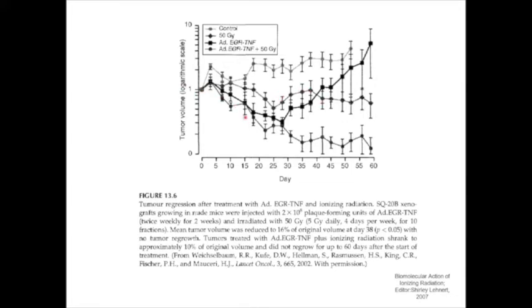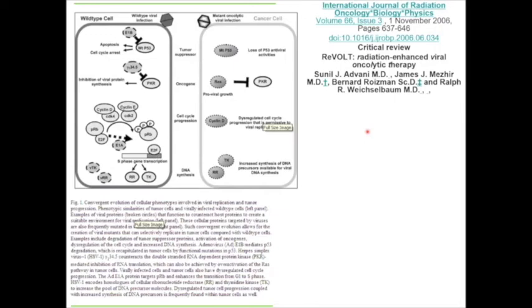Give the TNF alone, and it goes down a little bit, but not much. Give it the TNF adenovirus construct alone, and it goes down not much. Give it the TNF adenovirus construct with 50 gray, and you can see you get a pretty significant growth delay in the tumors. So this was quite exciting.